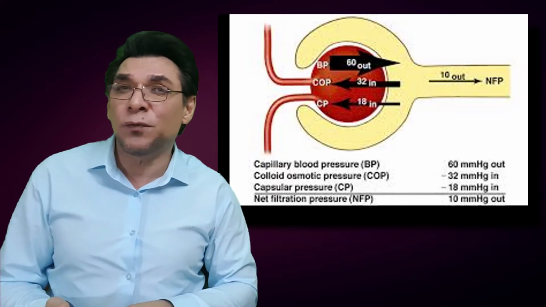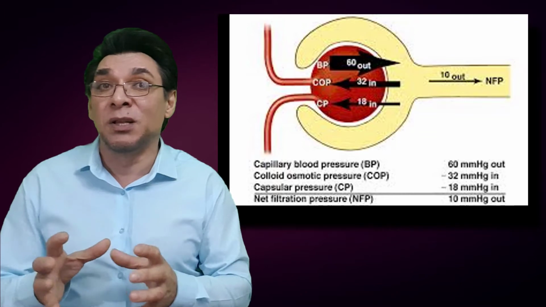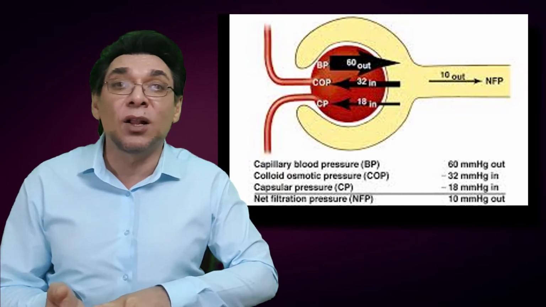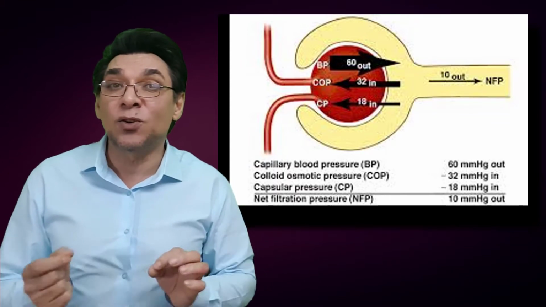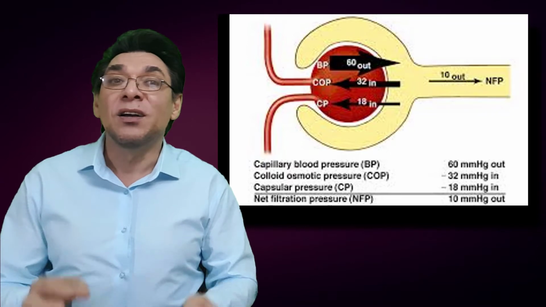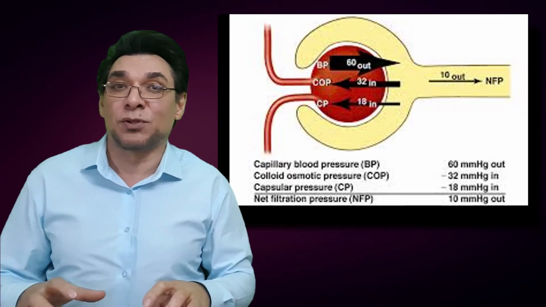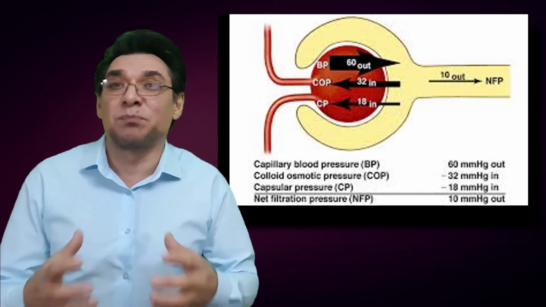There are two major forces opposing the movement of fluid into the lumen of the Bowman capsule: capsular pressure and colloid osmotic pressure. The capsular pressure is caused by the pressure of filtrate already inside the Bowman capsule, and the colloid osmotic pressure is within the glomerular capillary.